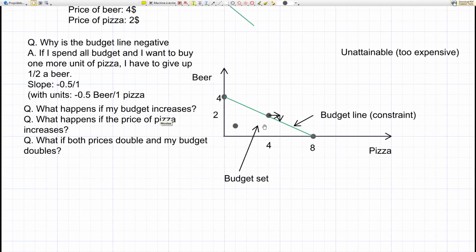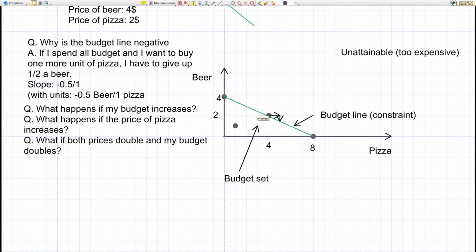And what does that mean? Well, it means that every time I'm spending all my money, and if I decide, oh, actually, I want to consume more pizza, so if I want to consume 1 more pizza, I have to give up half of a beer to be able to afford it. Now, this looks like I can consume like 3/4 beer and 5/5 pizzas.